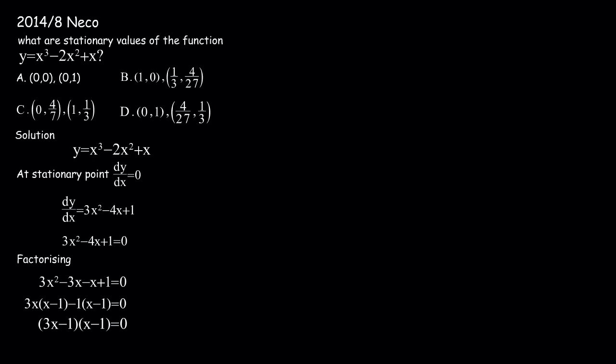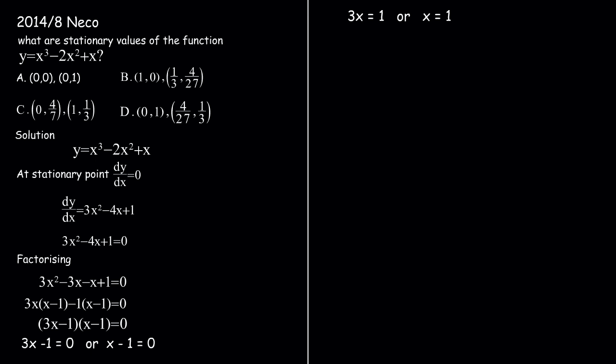At this point, 3x minus 1 is equal to 0, or x minus 1 is equal to 0. Therefore 3x is equal to 1, or x is equal to 1. Simplifying 3x equals 1, it becomes x equals 1 over 3. Therefore x equals 1 over 3, or x is equal to 1.